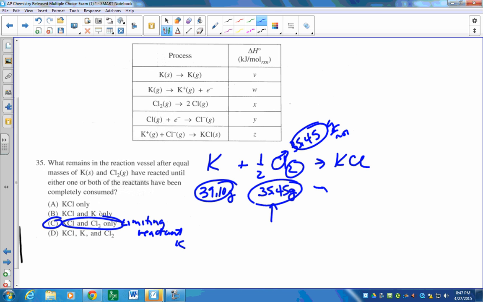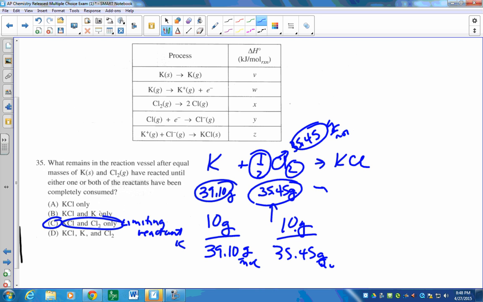If we did equal masses, let me just pick 10. If I did this, 10 divided by 39 grams per mole, and 10 divided by 35.45 grams per mole.